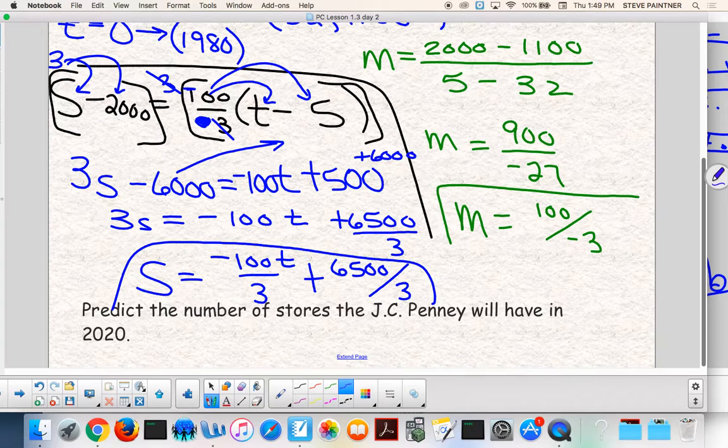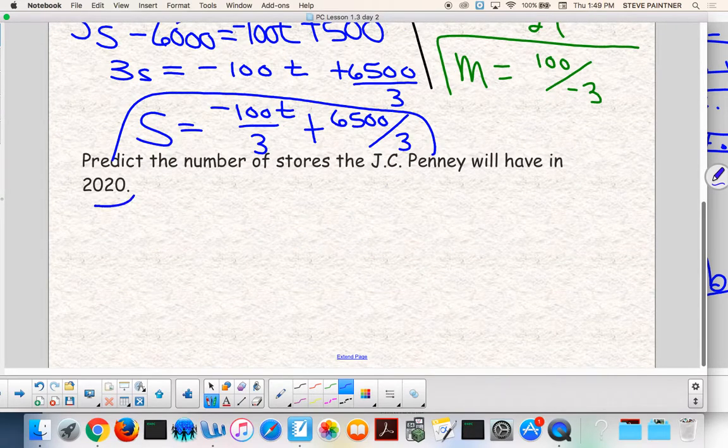Now there's one more thing you have to do. It says right here, predict. Predict the number of stores that JCPenney's will have in the year 2020. You have a nice looking equation. What are you going to do? The year 2020? Are you going to stick 2020 into your equation?